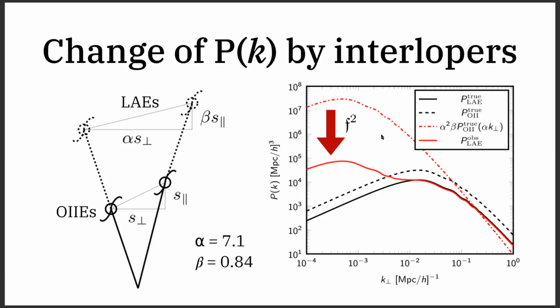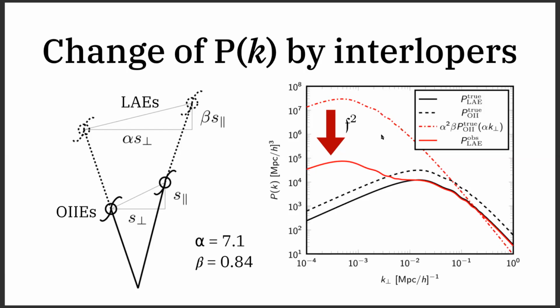But luckily, if you have a small interloper fraction, then this signal is reduced by the fraction squared. But because you shift and boost, if you add, at the end of the day, the interloper contribution to the real alpha contribution, you get something like this. It looks like FNL.